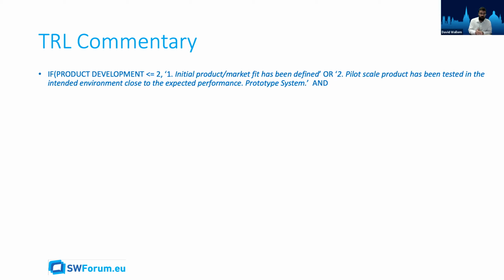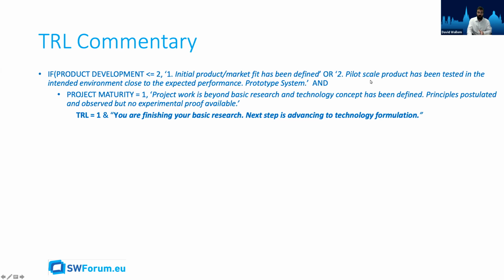So first of all, if your product development is less than or equal to 2, i.e. you either answered that the initial product or market fit has been defined, or the pilot scale product has been tested in the intended environment close to the expected performance, a prototype system, and project maturity is 1, i.e. project work is beyond basic research and technology concepts being defined, then your TRL, remember, is level 1, and the input that we'll give you is that you're still finishing your basic research.